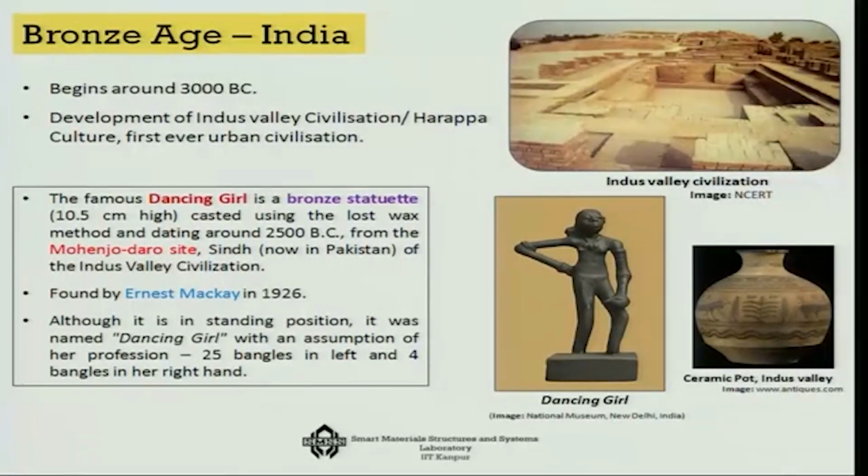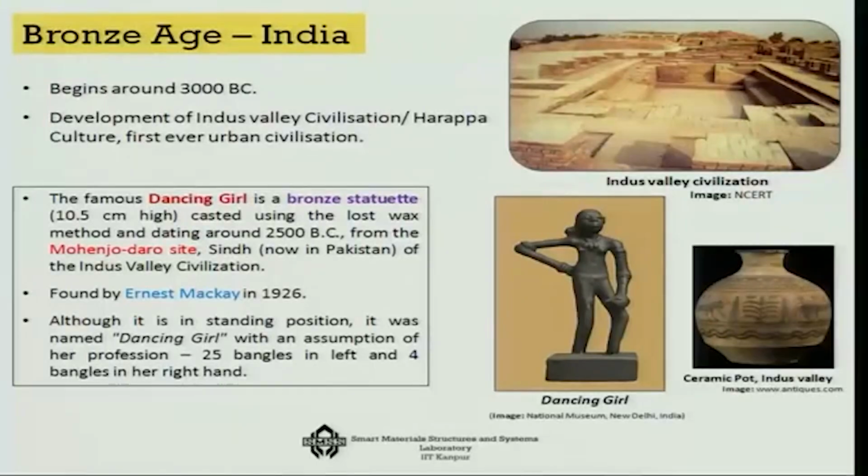And here, one of the very beautiful pieces of evidence of the Bronze Age civilization is the dancing girl. In the National Museum Delhi, you will find this small piece of bronze which is made using something called the lost wax method.